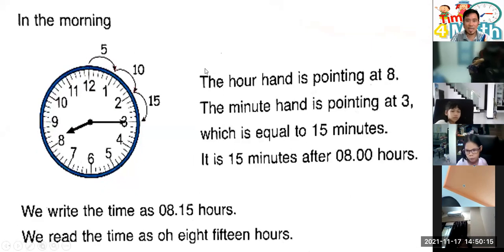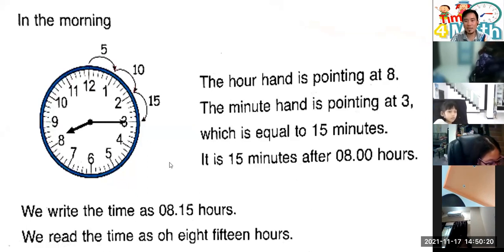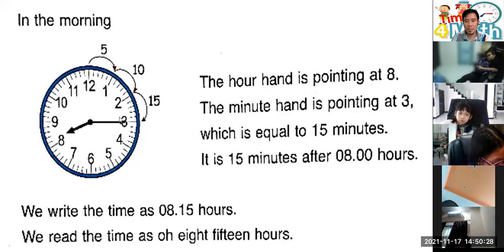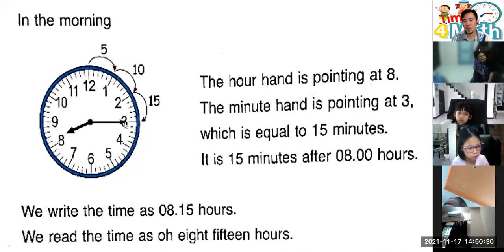Okay, now here, this one is in the morning. The hour hand here is pointing at number 8, and the minute hand is pointing to number 3, which is equal to 15 minutes.